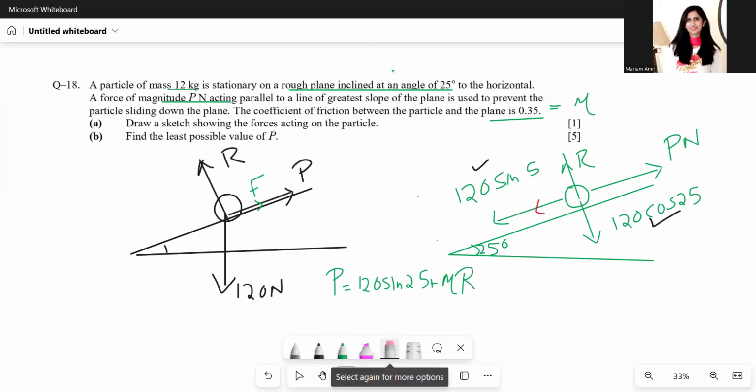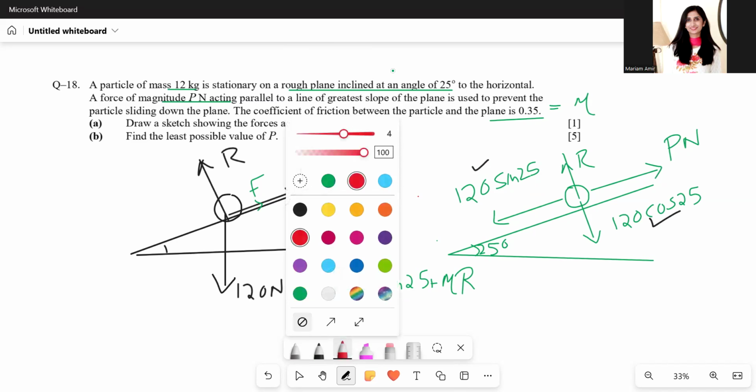And what if the friction is in the opposite direction? Okay, this is 25. What if mu is in this direction?